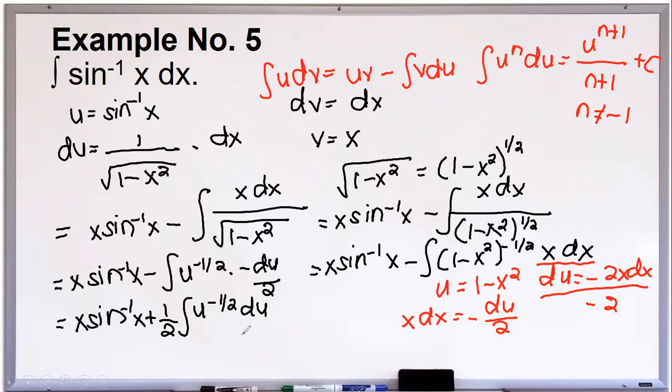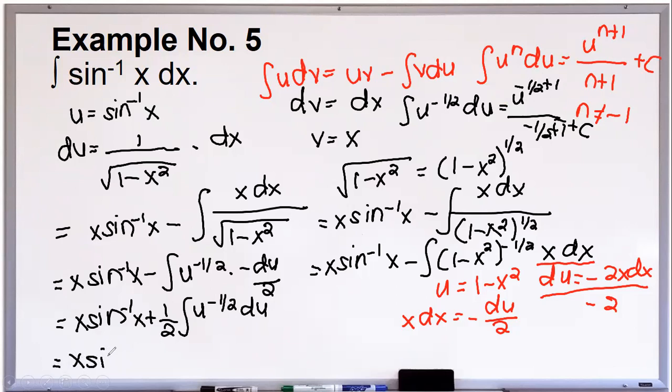Okay, so i-apply natin. So ang integral daw ng u raised to negative 1/2 du, which is equal to u raised to negative 1/2 plus 1 over negative 1/2 plus 1, then plus c. Okay. So magiging ganito.